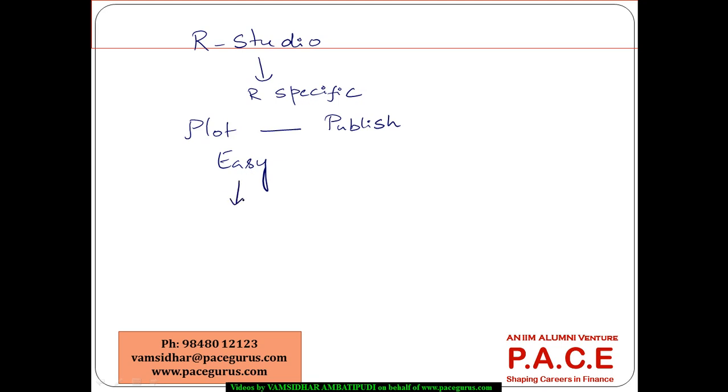But much more from that, the advantage comes, you can actually run remotely through a browser. Which means you can actually run R on some powerful server. You can run the program on a powerful server, and you can very well access it remotely through a browser.